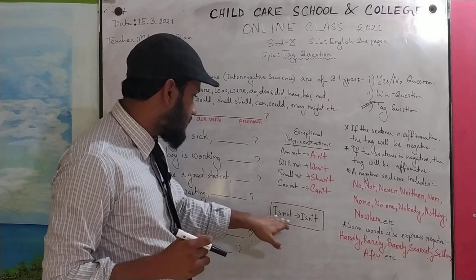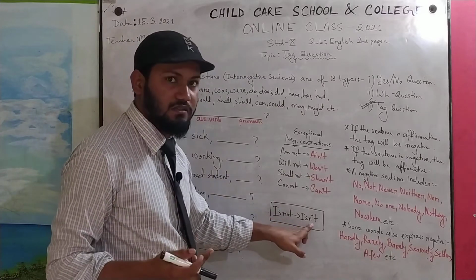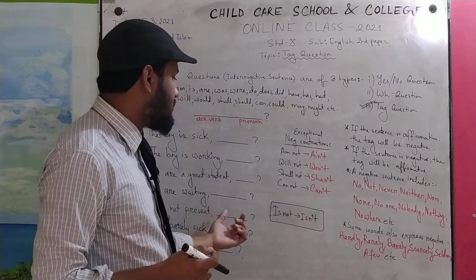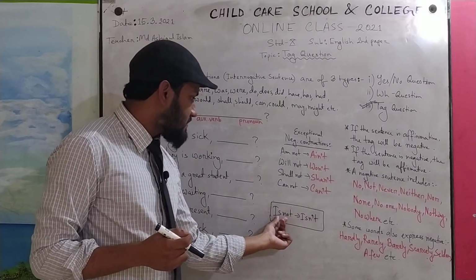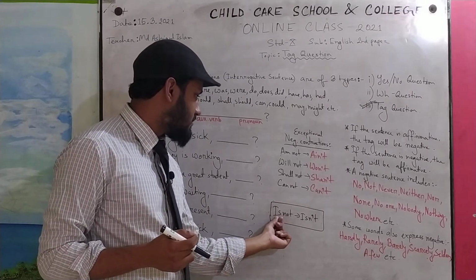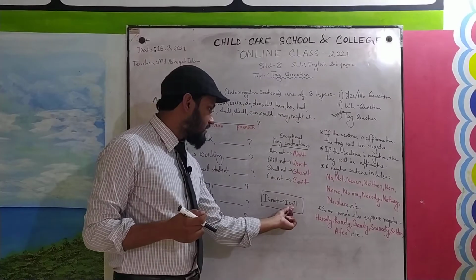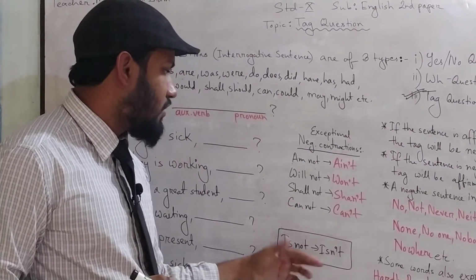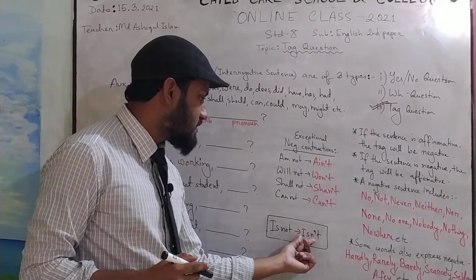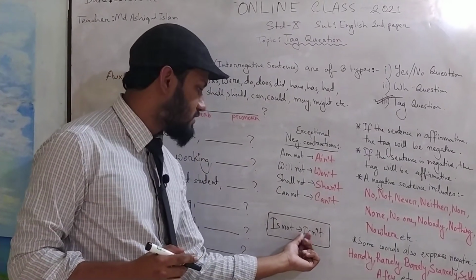Like here, is not has become isn't. When we change it to the contracted form, you can see there is a space between these two words. We reduce that space and conjoin them and just drop the O out of the word, and put an apostrophe over there. So that's how we contract words.